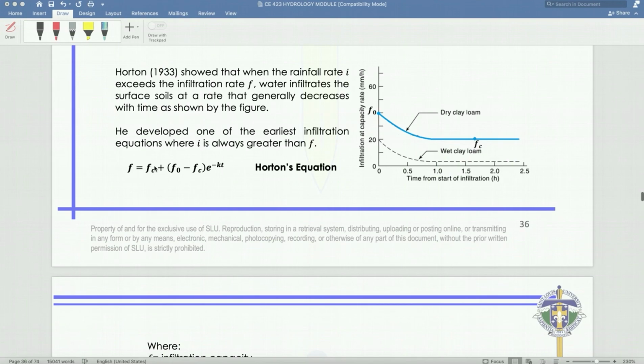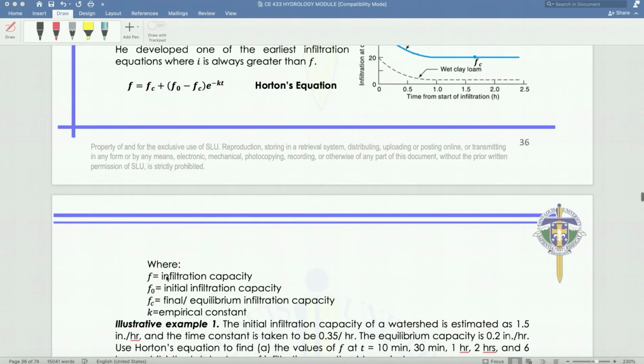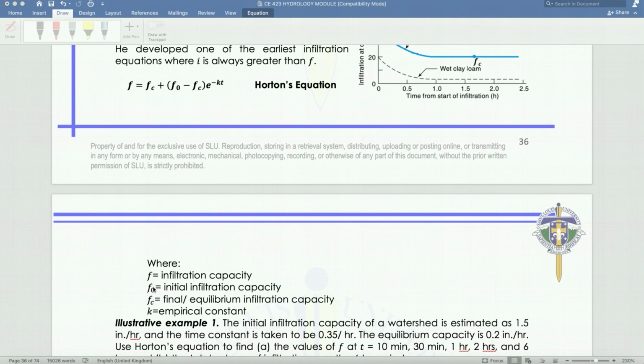So F is equivalent to Fc plus F sub 0 minus Fc, times Euler's number e raised to negative kt, where F is the infiltration capacity, F naught is the initial infiltration capacity, Fc is the final or equilibrium infiltration capacity, and k is the empirical constant.